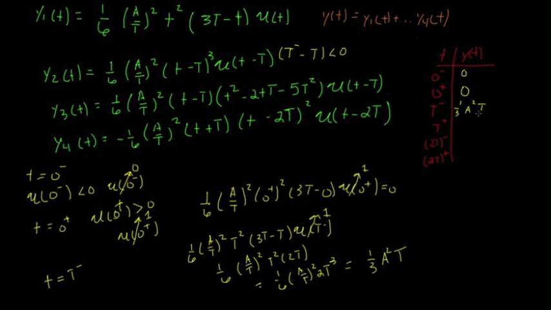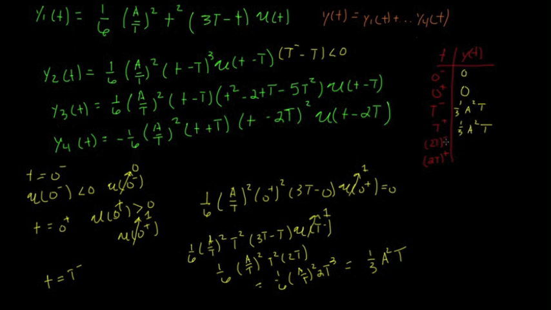And because our definition holds true, we would get 1/3 a squared t. I'm not going to show the math, but you can use the same logic that we did for the other 3 moments of time, and you would see that we would get the same exact answer.